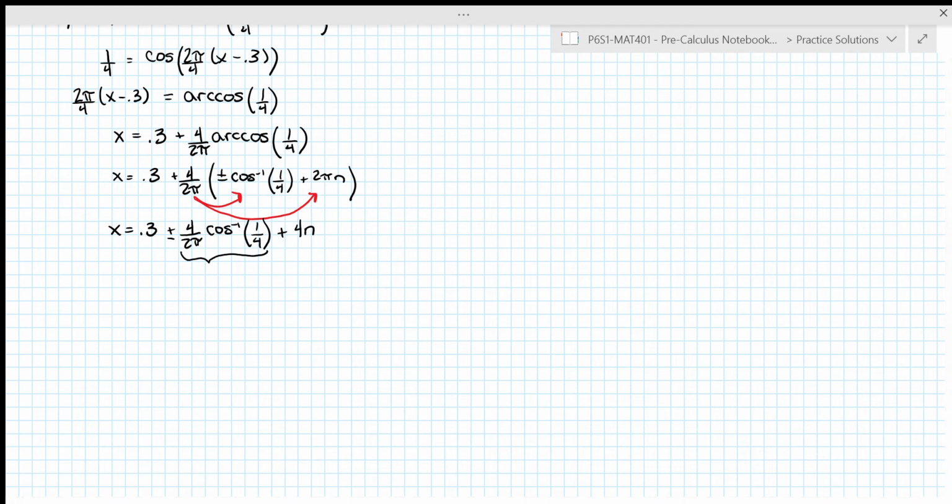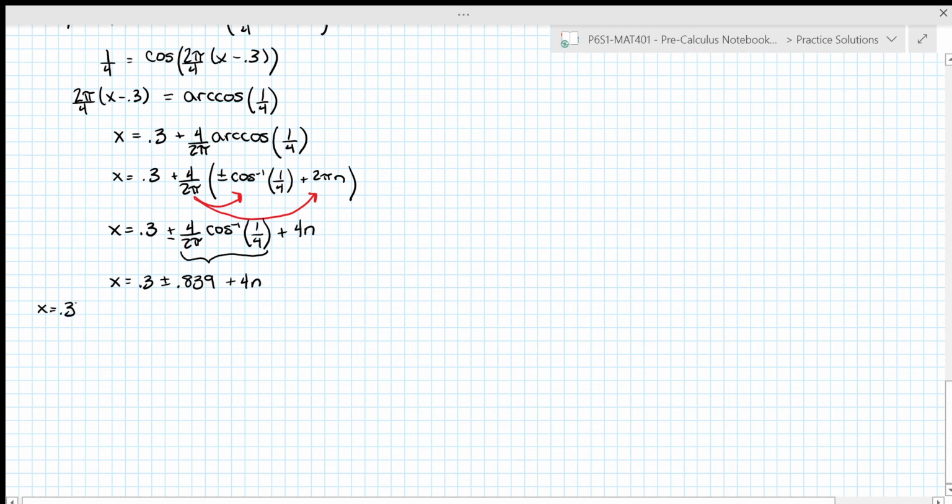So again, do 4 divided by 2 pi times the inverse cosine of 1/4. I get 0.839. X equals 0.3 plus or minus 0.839 plus 4n, and I have to split it.